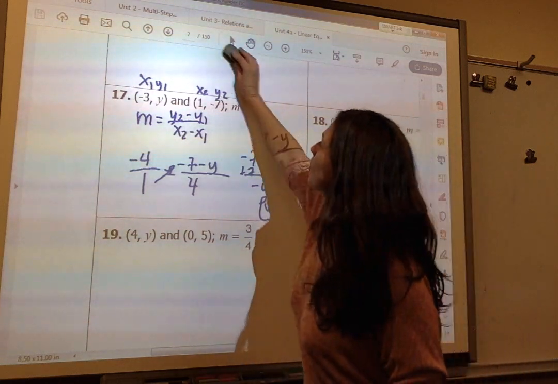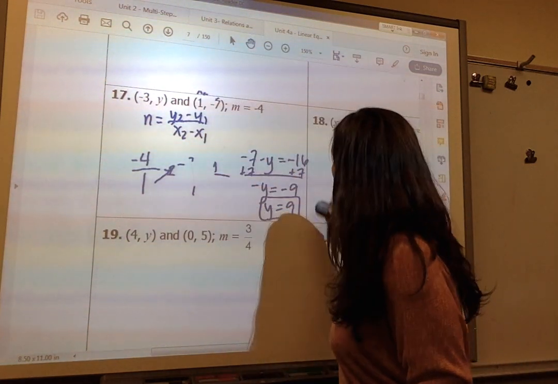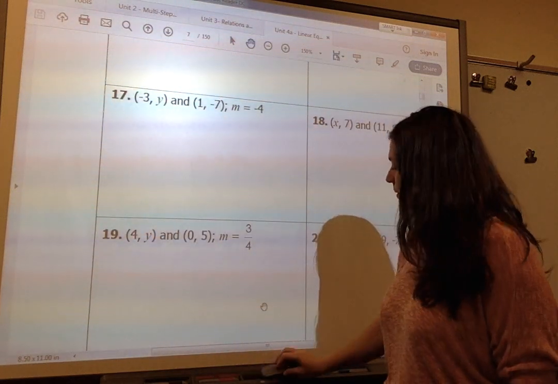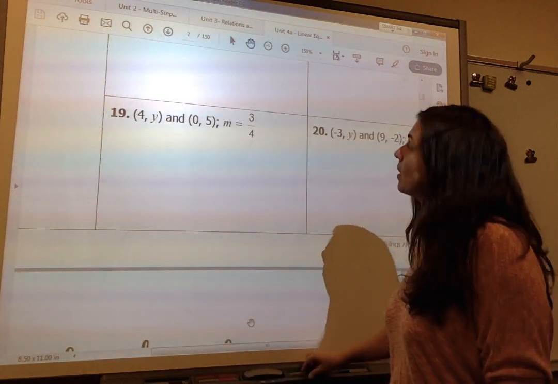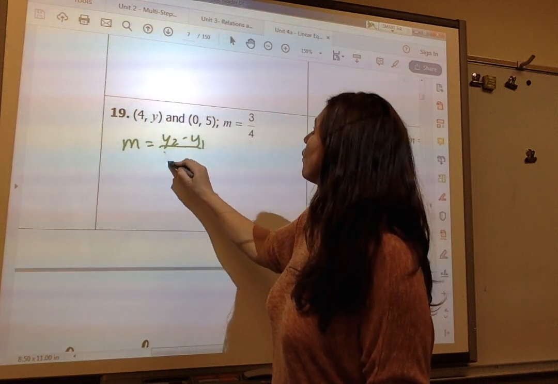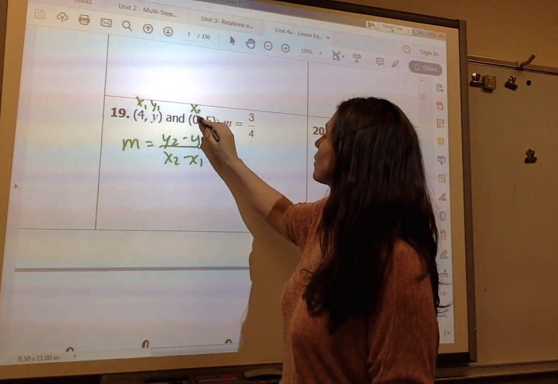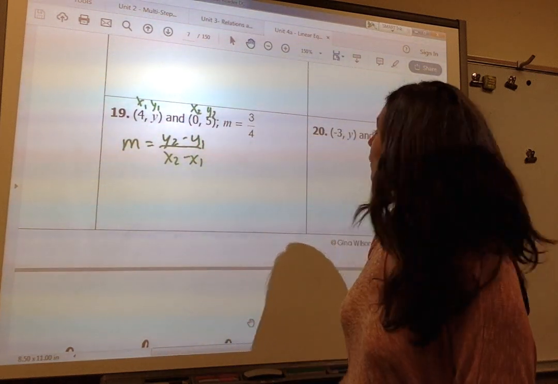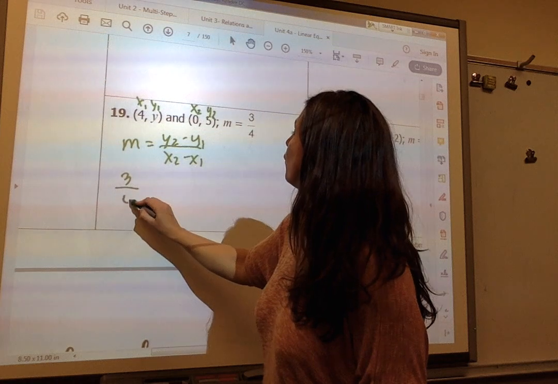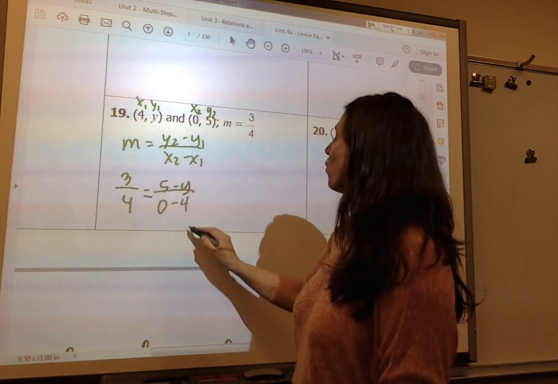Okay, last example I'm going to do is number 19. So m equals y2 minus y1 over x2 minus x1. Here's x1 and y1. Here's x2 and y2. Right, so I've labeled those. So now it's 3 over 4 equals 5 minus y over 0 minus 4.